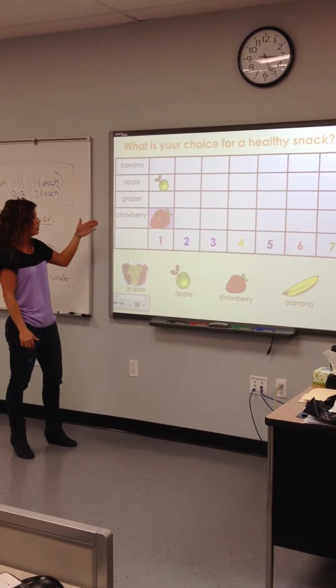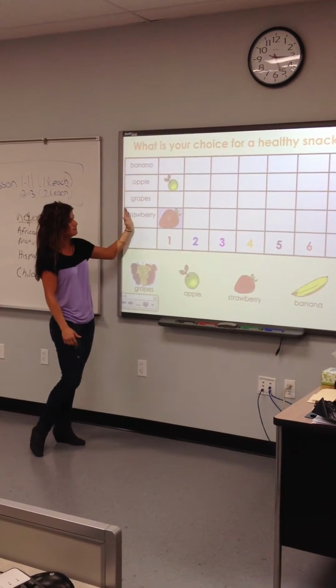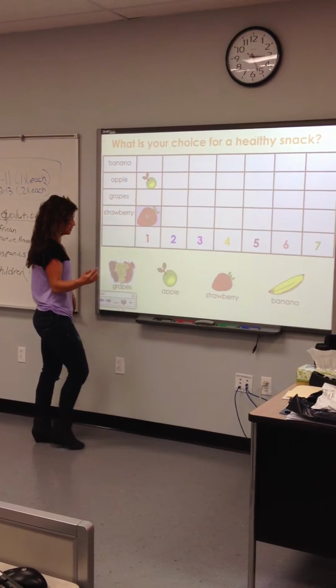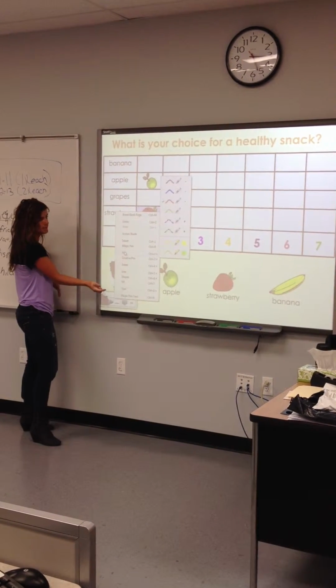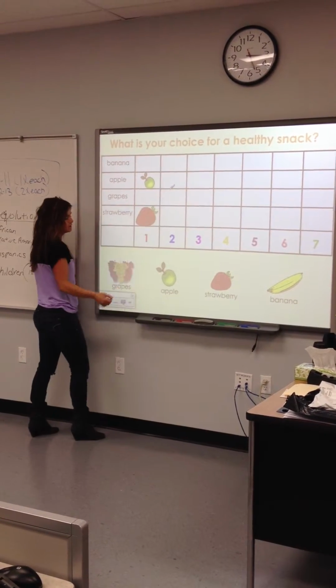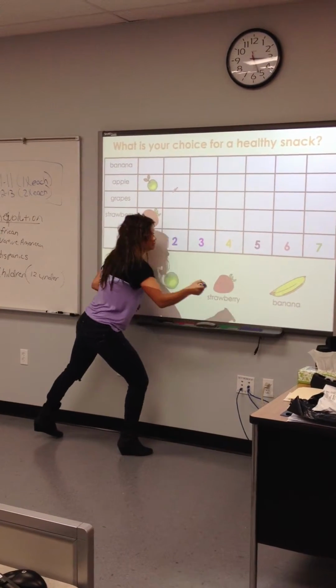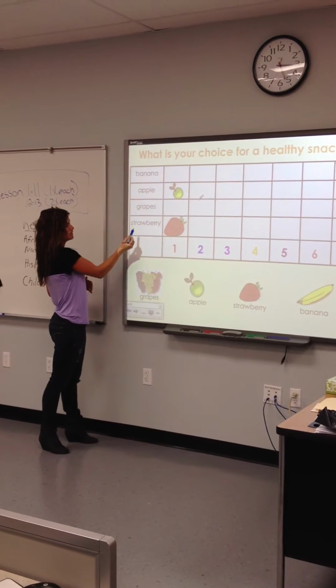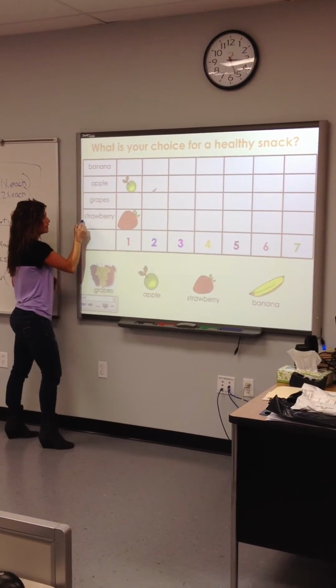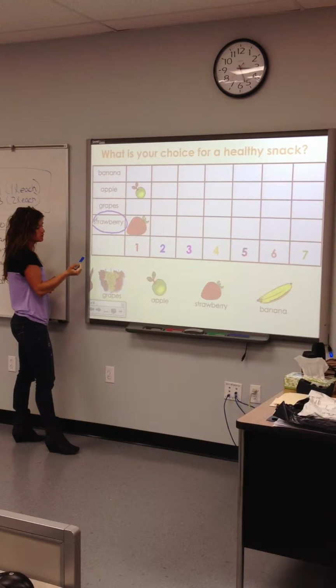They're going to choose whichever fruit has the most in its square. A volunteer student would come up. We're going to select pin again, select a color, blue. They'll pick up the blue pin, and they'll circle strawberry, grapes, apple, or bananas, whichever one had the most in its square.